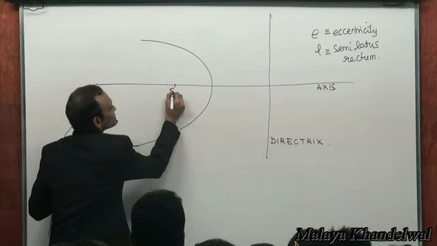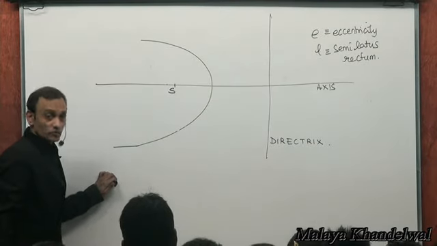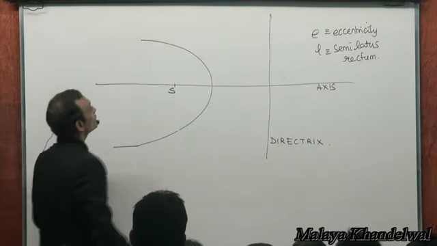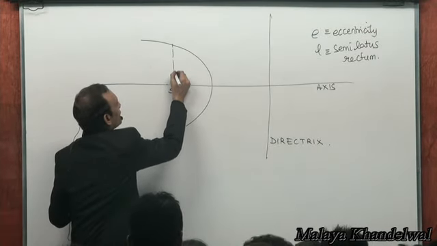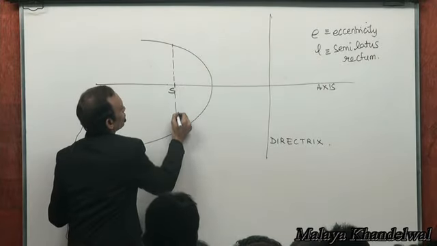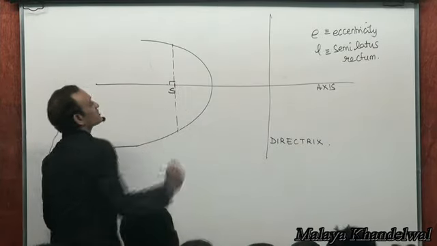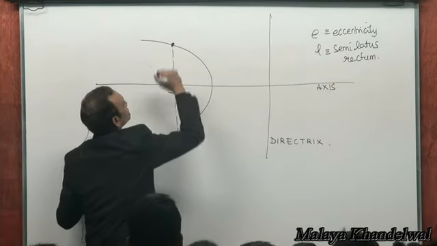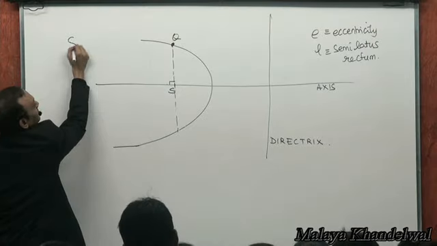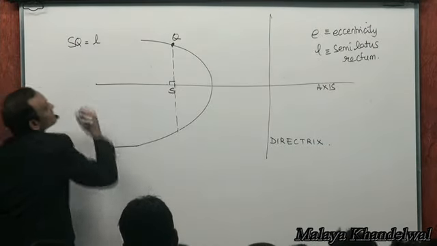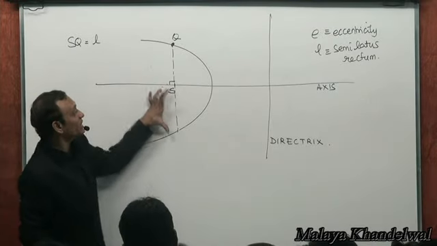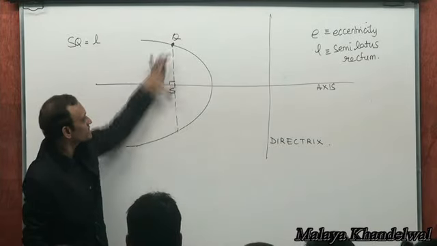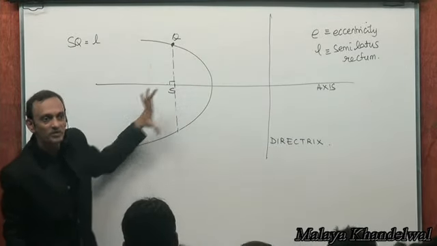If S is the focus, the focus must always lie on the axis of symmetry. Then a chord of the conic passing through the focus and perpendicular to the axis would be the latus rectum. So this SQ would be the semi-latus rectum, small l. 2l will be the latus rectum. This and this are the semi-latus rectum of the conic.